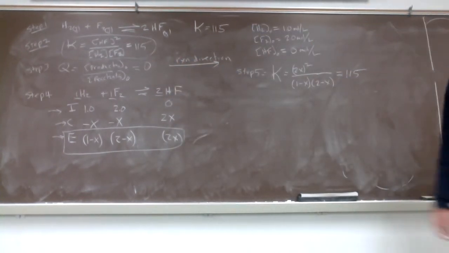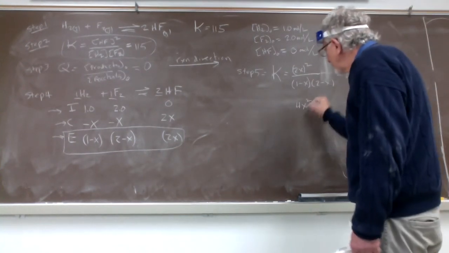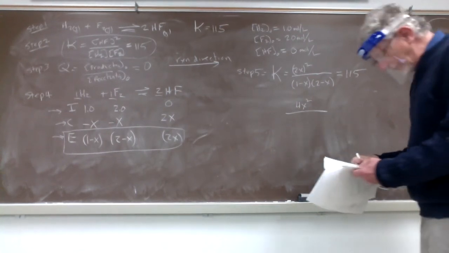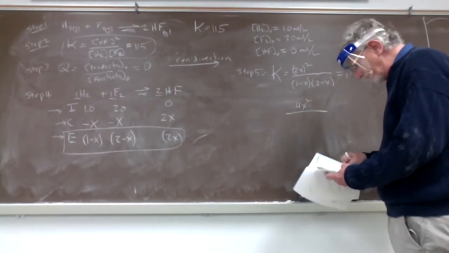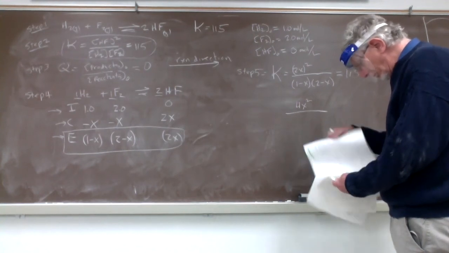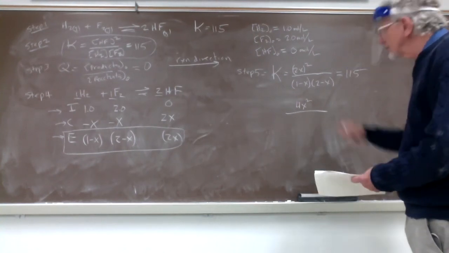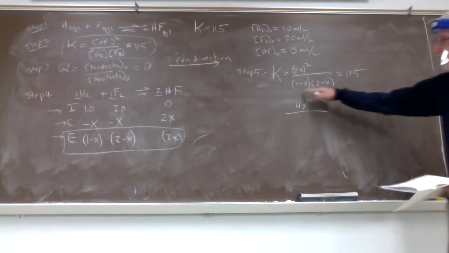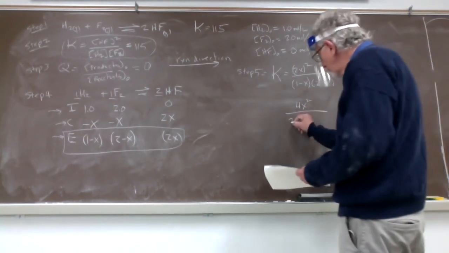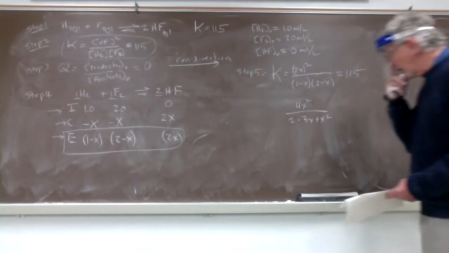So now we have to do some algebra. 2X squared is 4X squared. And now you multiply out that denominator, and we're going to get 2 minus 3x plus x squared.